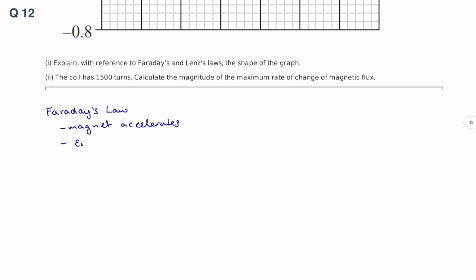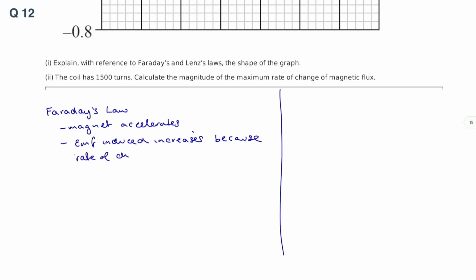Therefore, the EMF induced increases because the rate of change of magnetic flux linkage increases. So we get a peak EMF.